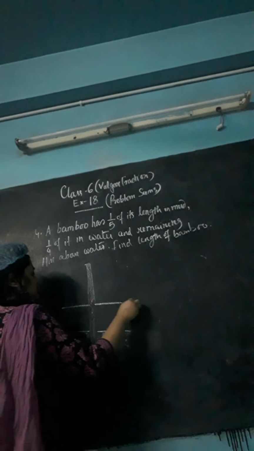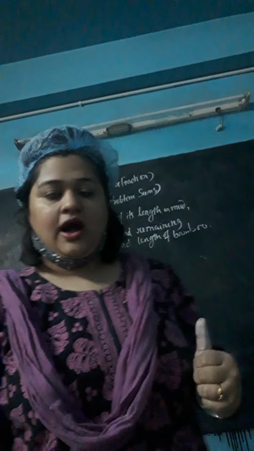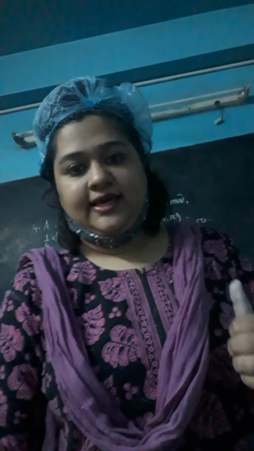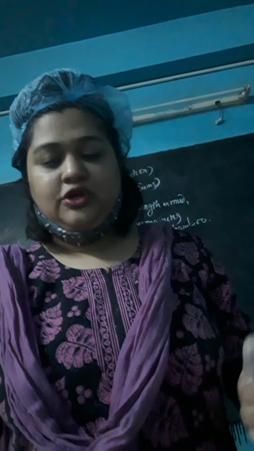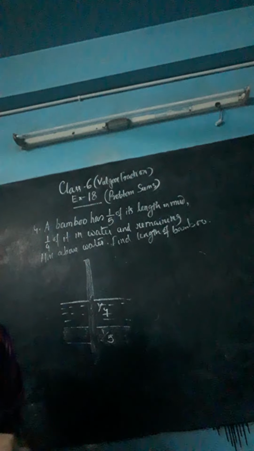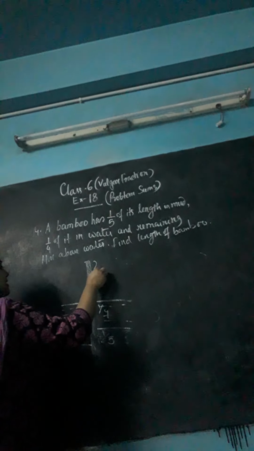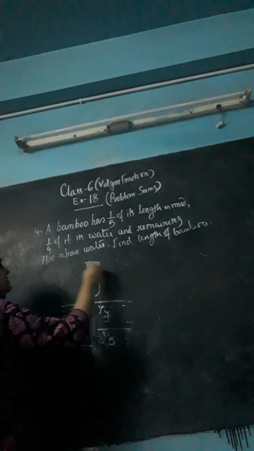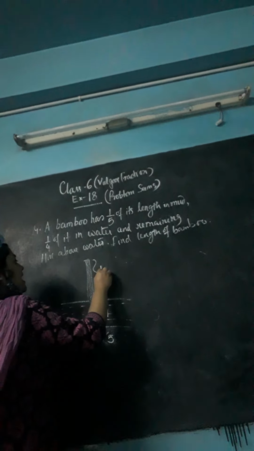You have all seen sticks uprooted inside the land. So only 1/5 of the stick is inside mud and 1/4 of the stick is inside water, and the remaining is not given in fraction but in actual measurement. 11 meters is outside water.